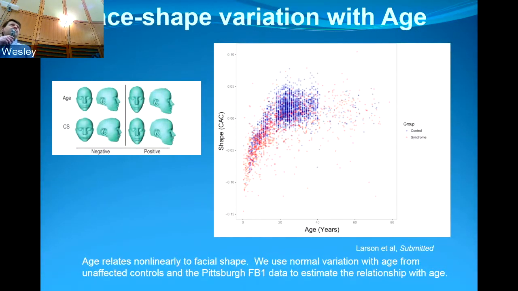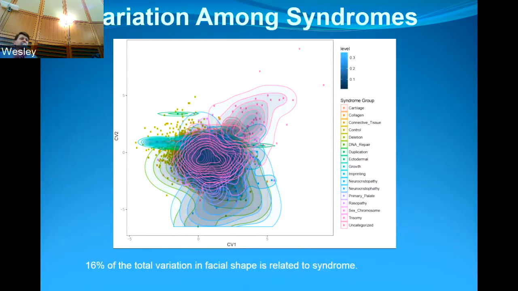So age, of course, is a covariate that affects facial shape, and you might be surprised to know that it relates nonlinearly to facial shape. So in a sample that includes both children and adults, you have to use nonlinear correction to remove age from the sample, which of course we did in the analysis that I'm going to show you just now.